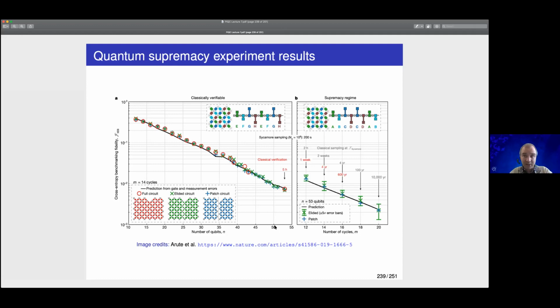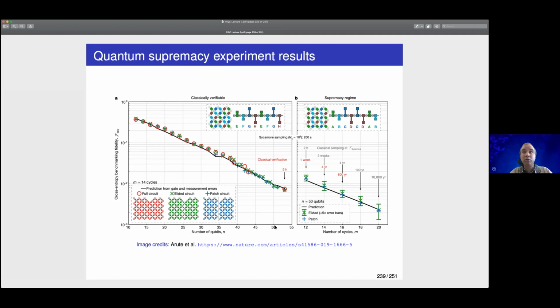So you can measure this cross entropy for your circuit, and then if it is close to 1, you are doing very well. If it is close to 0, then you are not doing anything that is really quantum. You are not simulating the circuit. And it can be shown that even a small advantage over obtaining that value of cross entropy 0 is a signature of doing something that is quantum.